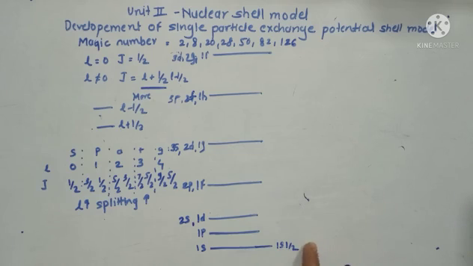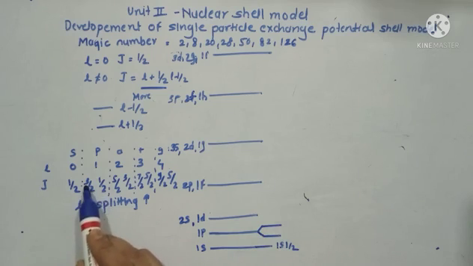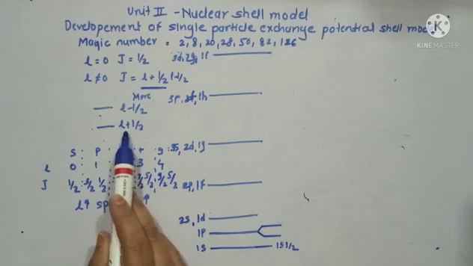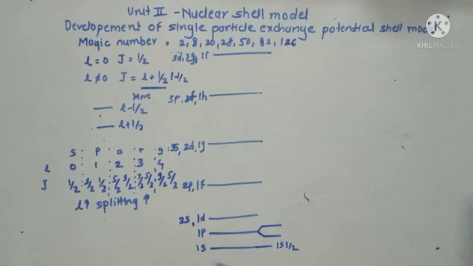Now this p orbital will split like this into two energy shells, which are 3/2 and 1/2, out of which this 3/2, which is L plus 1/2, is more stable and is shifted downwards. Therefore we write downwards 1p 3/2. After that we are going to write 1p 1/2.